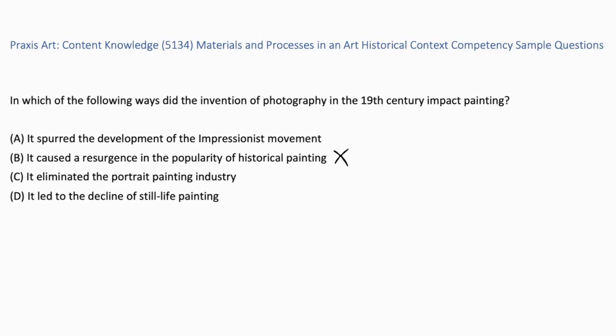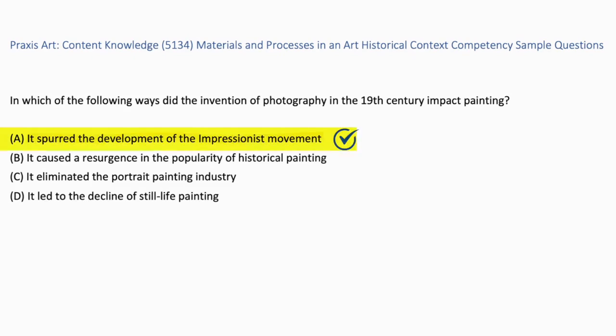B is incorrect. Photography did not make historical painting more popular. Artists were looking for new ways to express modern life. C is incorrect. Portraits still existed, but photography offered a faster alternative. D is incorrect. Still life painting continued. Photography influenced artists' approaches, but didn't make this genre decline.